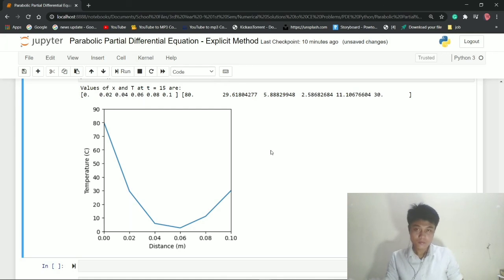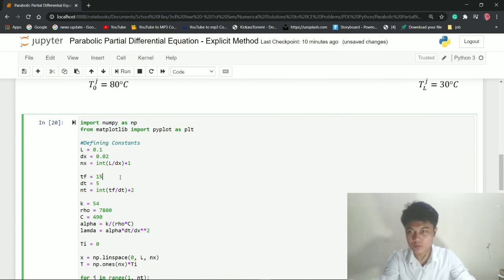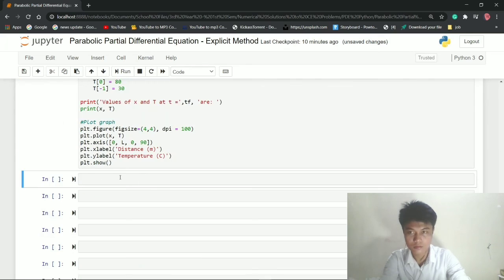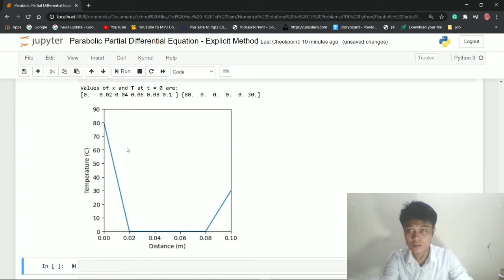So, bago tayo magtapos, i-show ko muna sa inyo kung paano nga ba nag-work itong temperature distribution. So, i-zero muna natin itong TF. So, at time is equals to 0, kung tingnan natin dito, yung meron lamang mataas na temperature is yung ating boundary conditions.